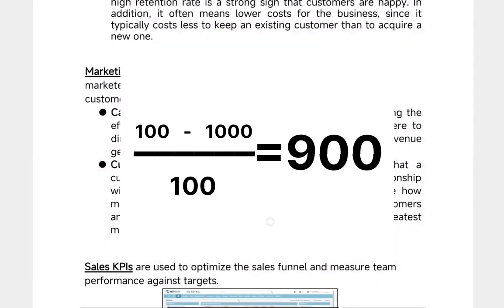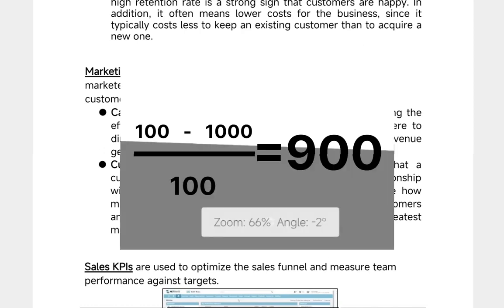Divide by the 100 from your investment, and the total will be your ROI. So you earn 900 pesos from only 100 as your investment. That is how you compute ROI.